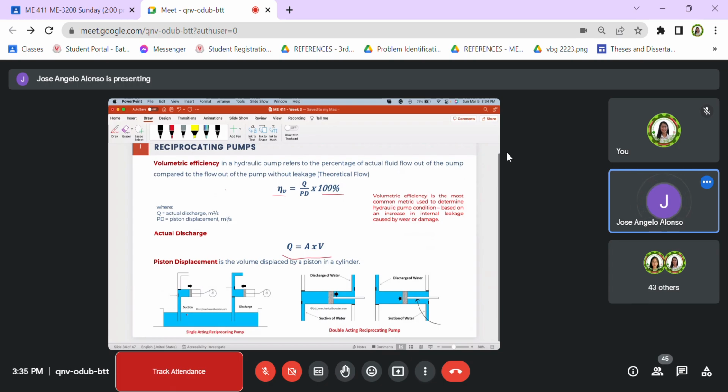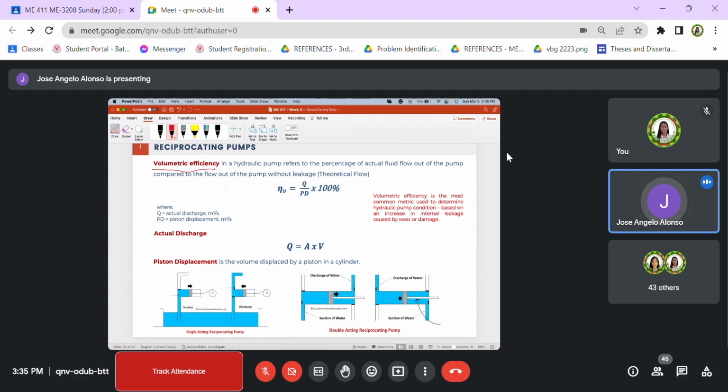Pero kapag reciprocating pumps, we are dealing here on what we call as volumetric efficiency o yung actual discharge natin or actual volume na displaced in reference to the theoretical flow or the piston displacement na tinatawag. So volumetric efficiency in a hydraulic pump refers to the percentage of actual fluid flow out of the pump compared to the flow of the pump without any leakage or theoretical flow.